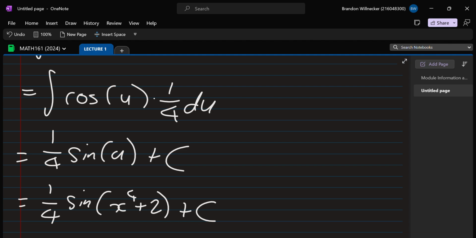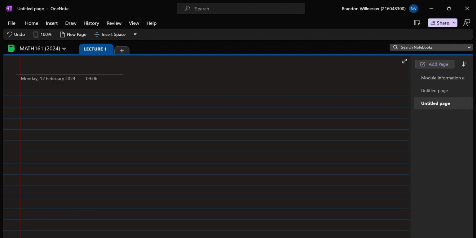Okay, next one, fairly similar to this. We've got an outside function, we've got an inside function, and a little bit more work to do like we had here. So we have the square root 2x plus 1 dx. Okay.